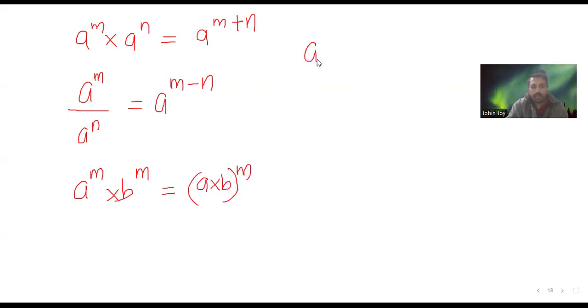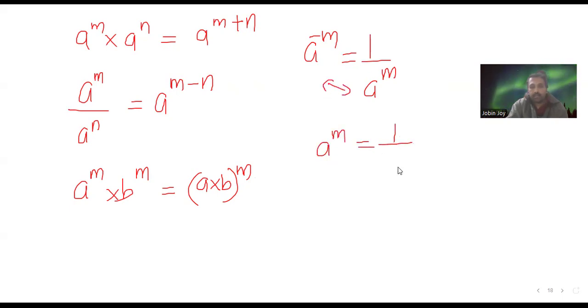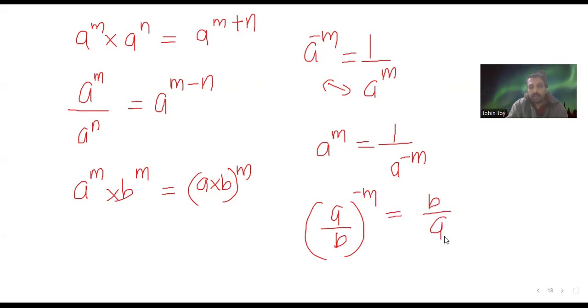Then a raised to minus m equals 1 by a raised to m. Okay. Then cross multiplication we will get a raised to m equals 1 by a raised to minus m. Then a by b the whole raised to minus m equals b by a the whole raised to m.